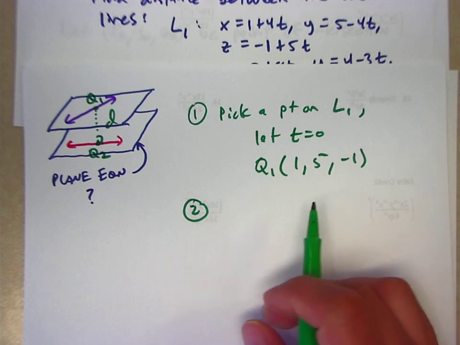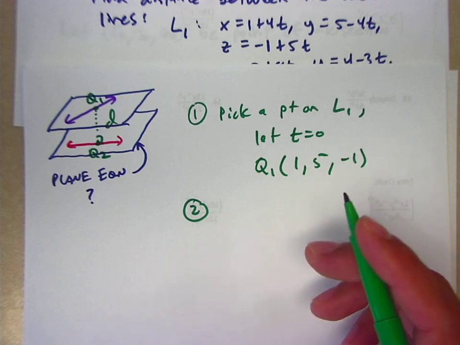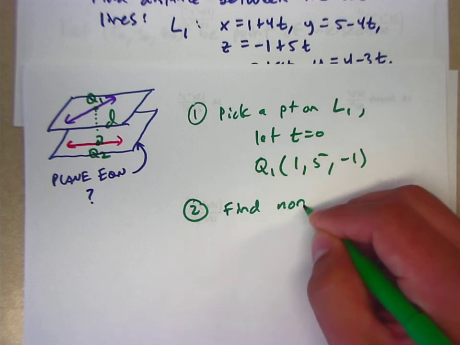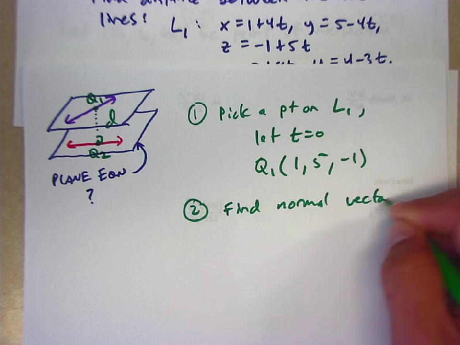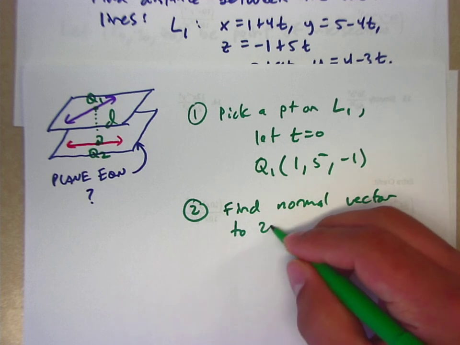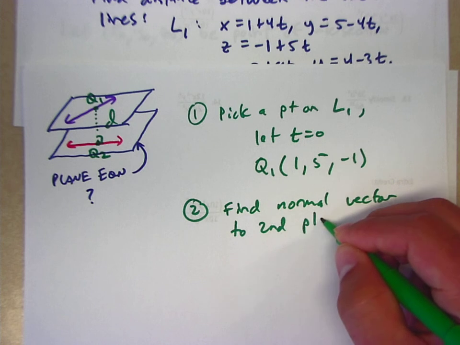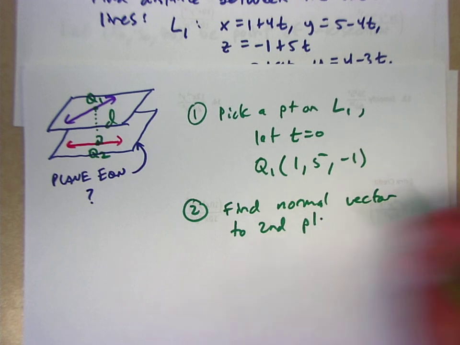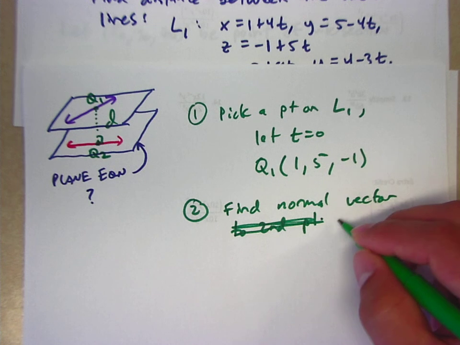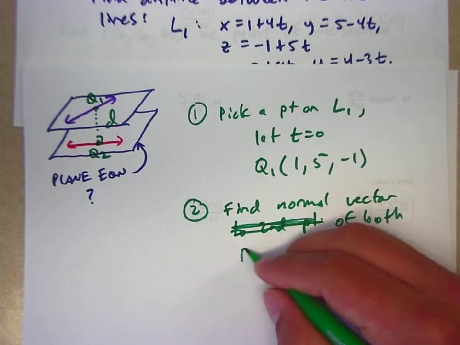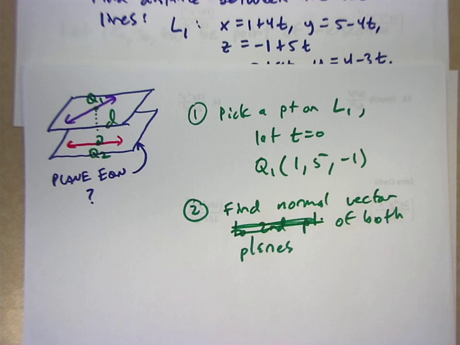So I would first need to find a normal vector, so that's step 2. Find a normal vector to the second plane. Really, let's find the normal vector of both planes. If they're parallel, they can share the same normal vector. And that's actually pretty easy to do once you see it.